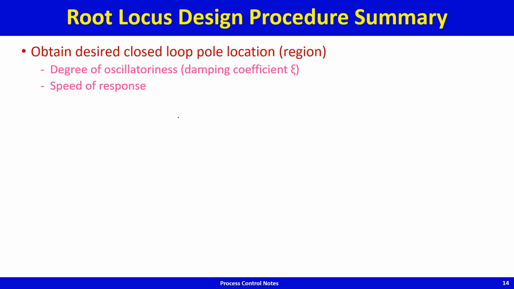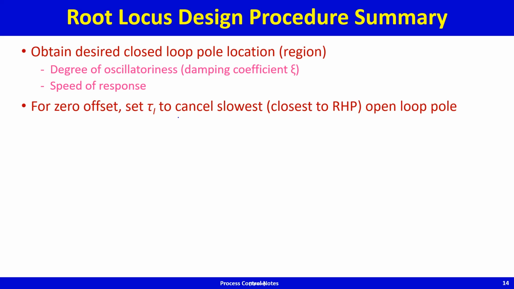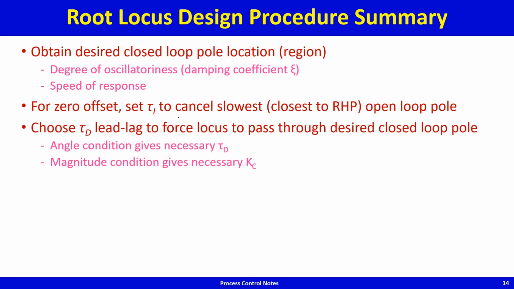So if you have that, the first thing you do is set tau I to cancel the slowest open loop pole for 0 offset, and then you choose the lead lag tau d to force the locus to pass through the desired closed loop pole.